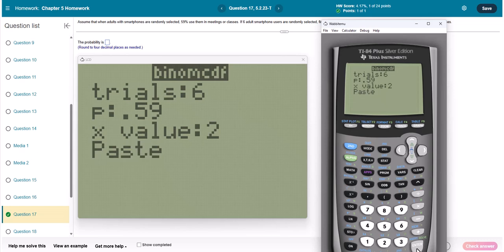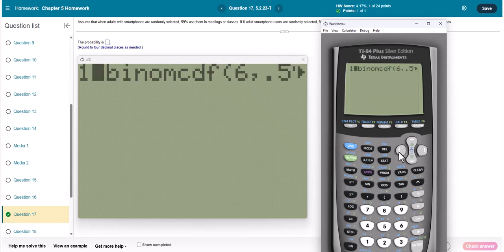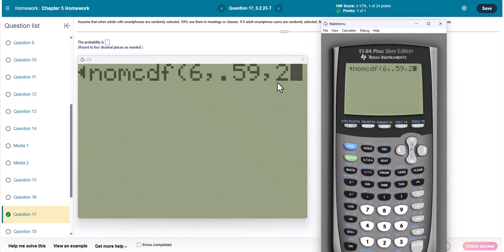When we select paste, this goes into the binomial cumulative density function. The entire line reads: 1, or 100%, minus the binomial cumulative density function for 6 trials with a constant probability of 0.59, subtracting off everything up to and including 2.